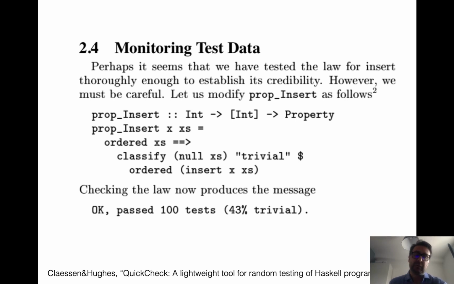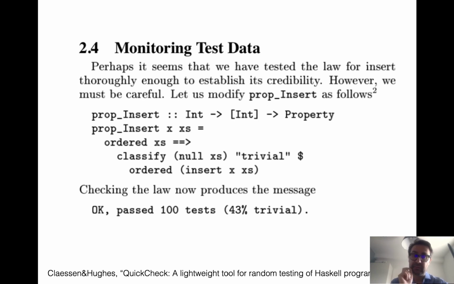So one way you can do that is, QuickCheck, the Haskell tool, has a classify function, which takes a predicate, something that can be true or not, and then it labels things. So it will label data, right? So here's a more complex property now for insert.